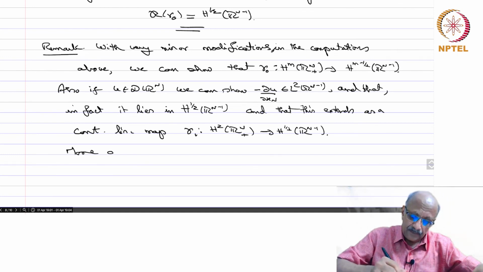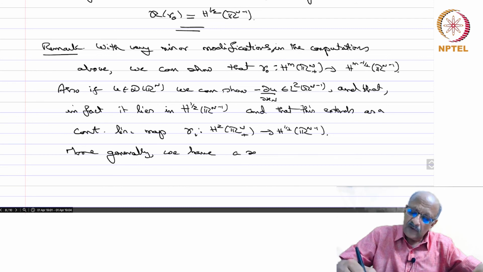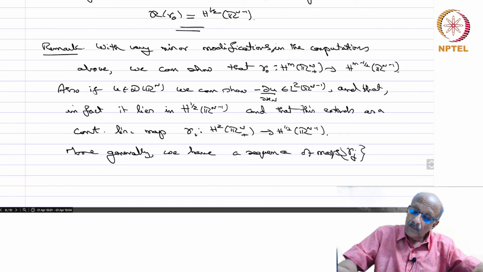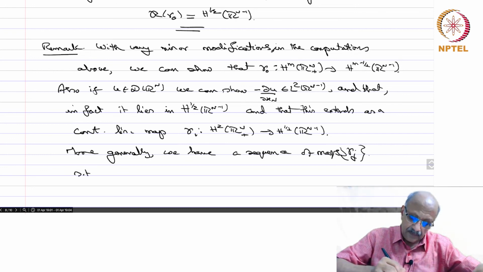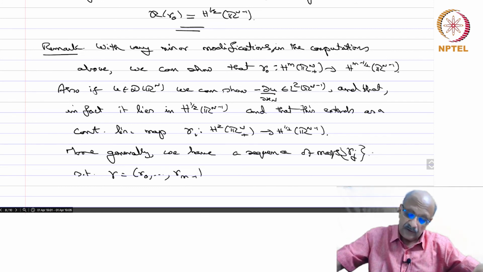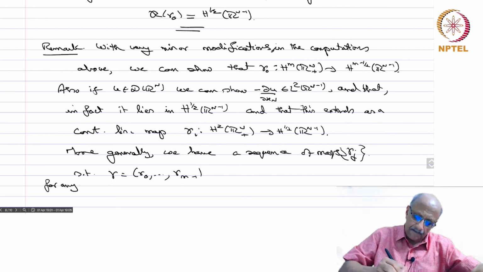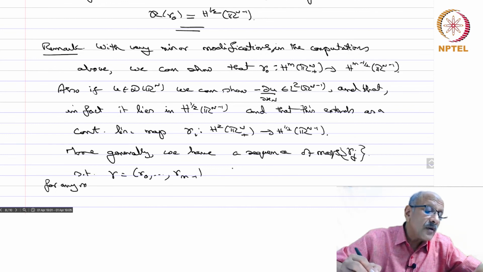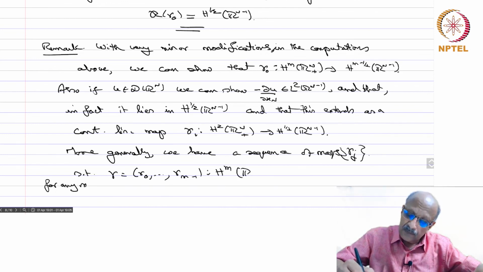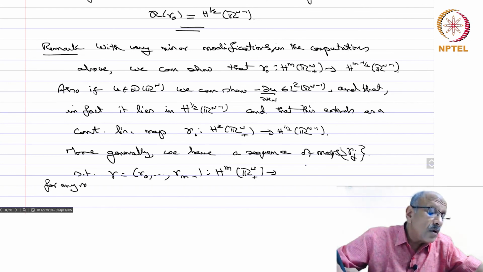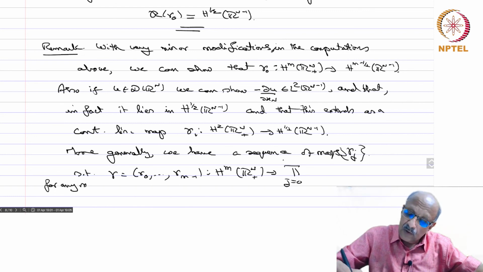More generally, we have a sequence of maps gamma j such that gamma equals gamma naught through gamma m minus 1, for any positive integer m, maps Hm of Rn plus to the product, j equals 0 to m minus 1, of H m minus j minus half of Rn minus 1.